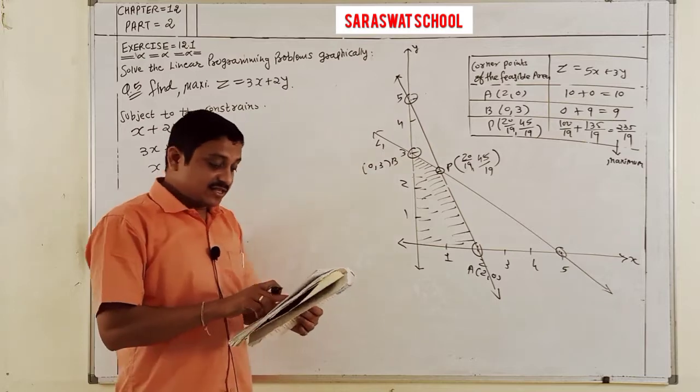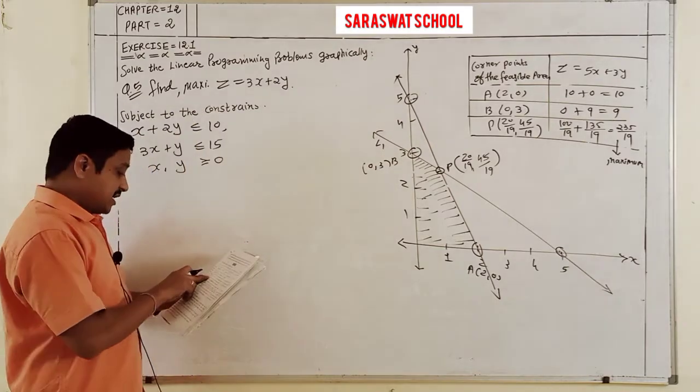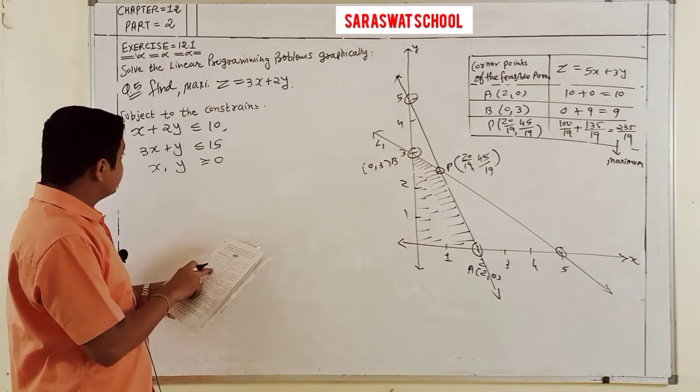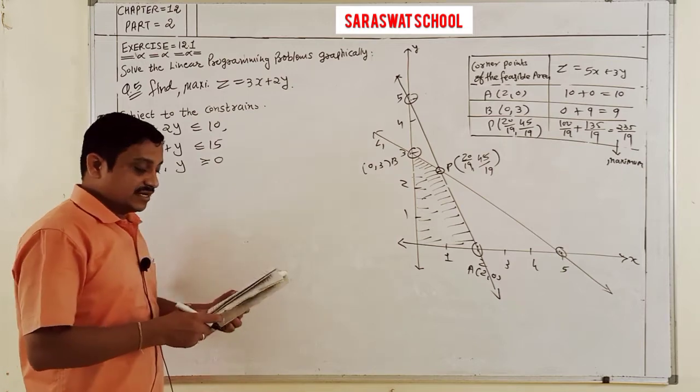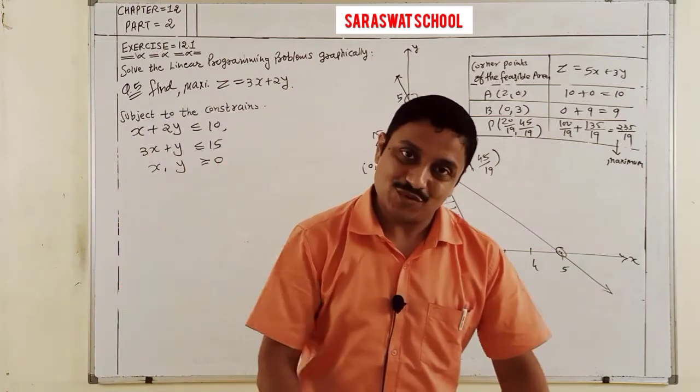Again I am reading: 3x + 2y maximum, x + 2y ≤ 10, 3x + y ≤ 15. Yes, and it asks for the maximum value.